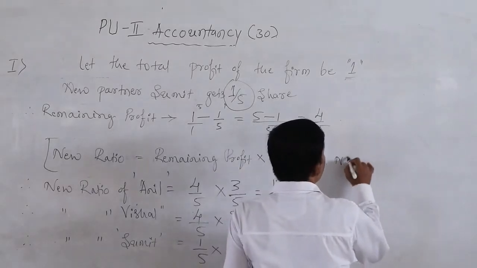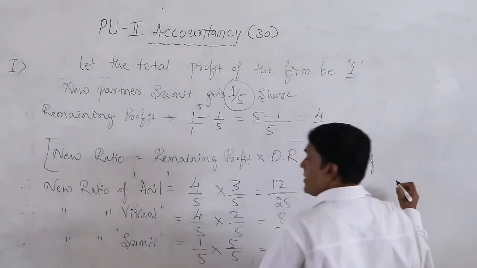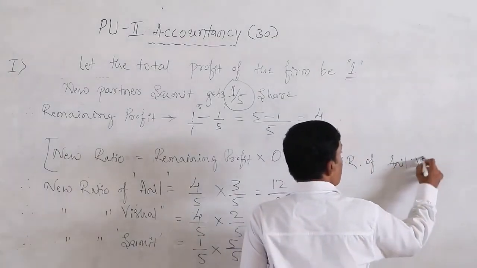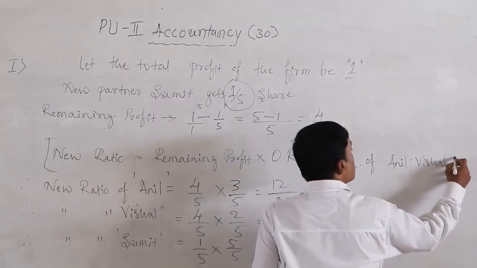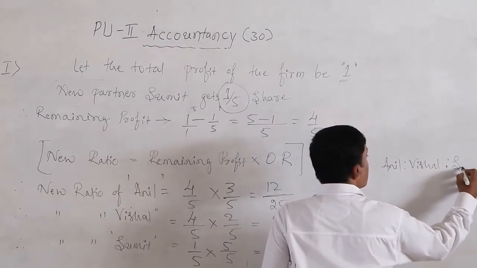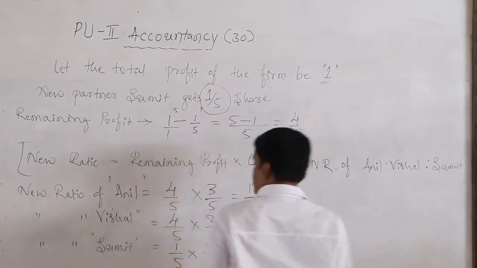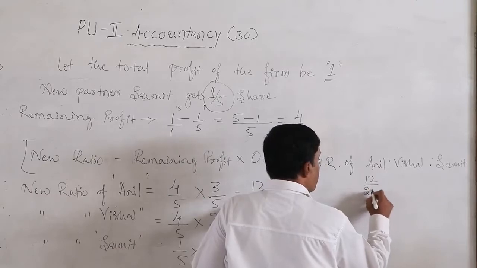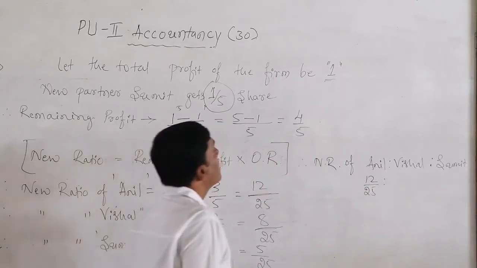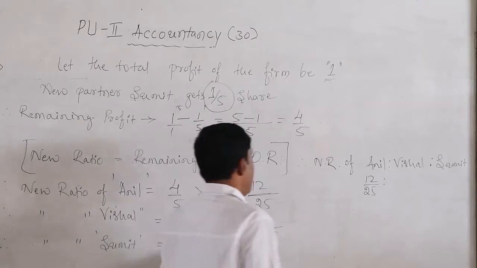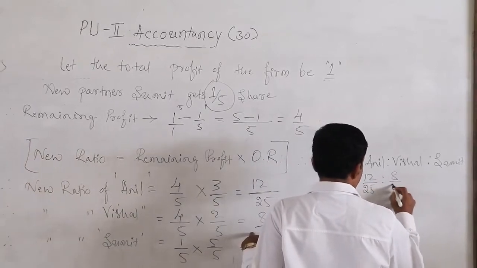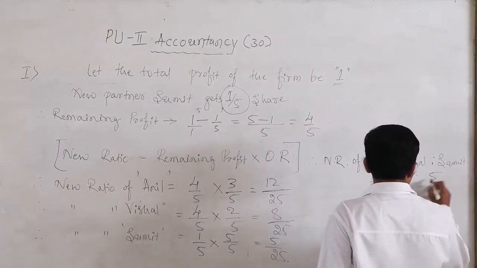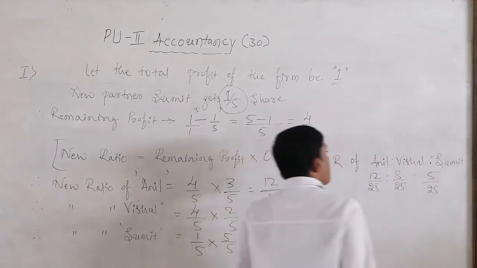Therefore, the new ratio of Anil is to Vishal is to Sumit. Look here, 12 by 25 is Anil's new ratio, 8 by 25 is Vishal's, and 5 by 25 is Sumit's.